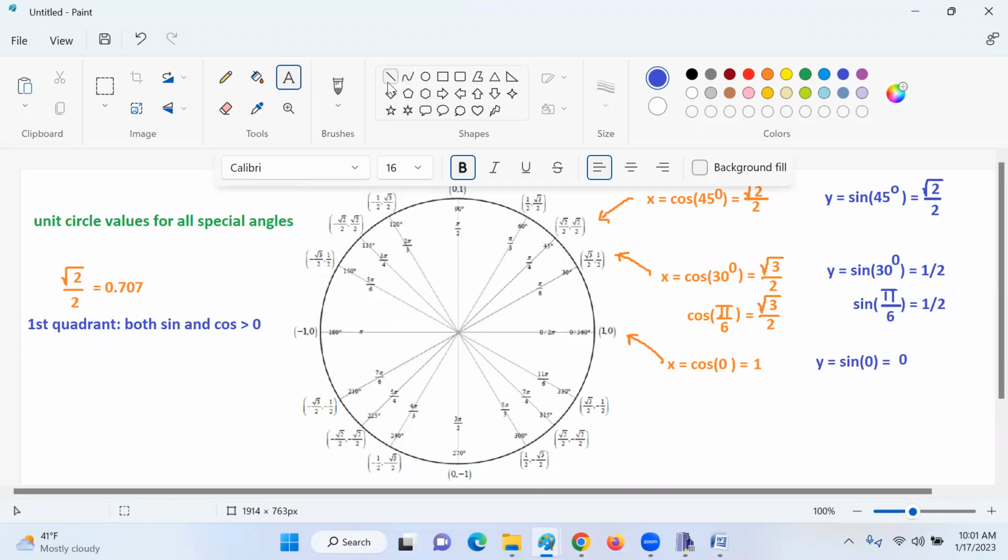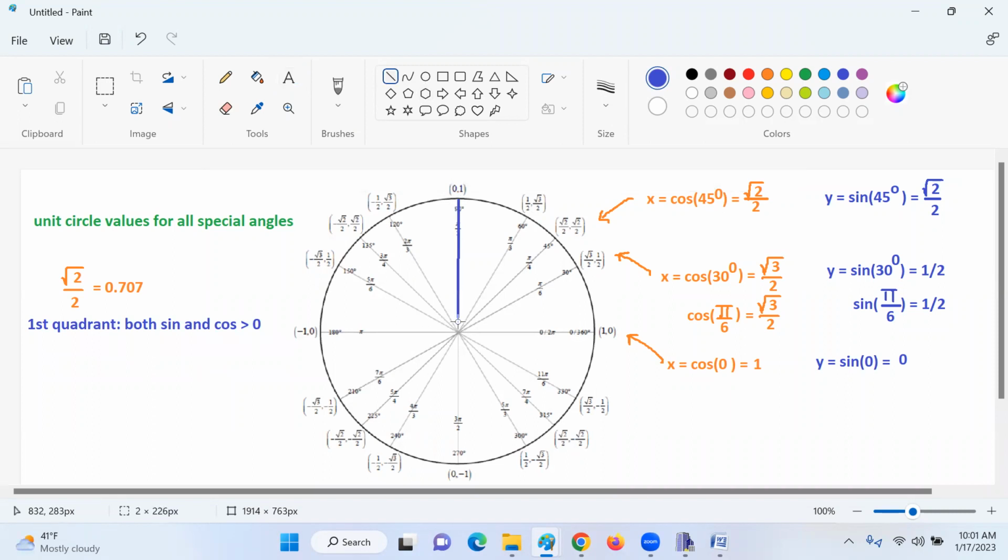On the second quadrant, so we're going to look at that quadrant. All right. So on the second quadrant, what happened? Can you tell me which one will be positive and which one will be negative?